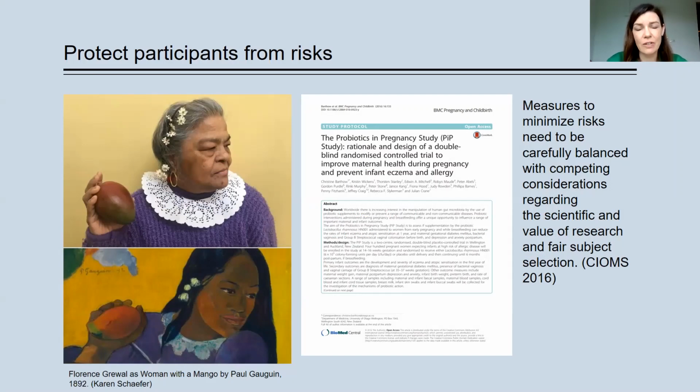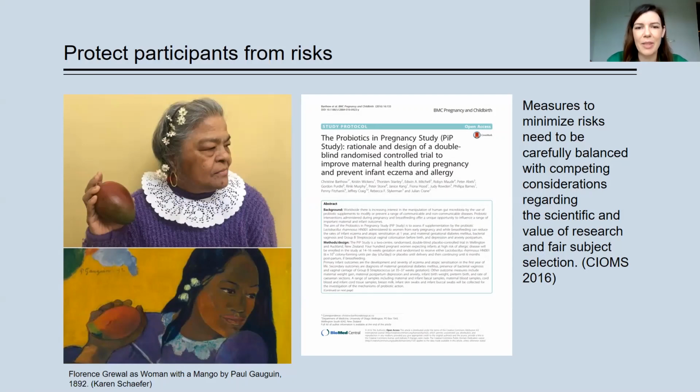That view is starting to shift. There's been recent policy in the US looking at shifting that default and encouraging the inclusion of pregnant women in research, and I'll talk a bit more in a moment as to why that is the case.